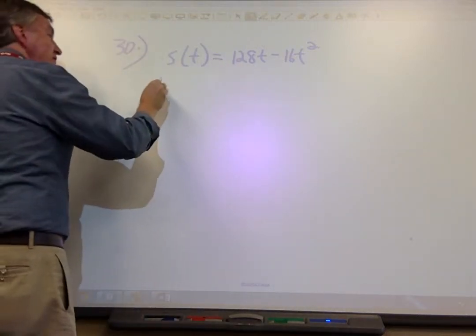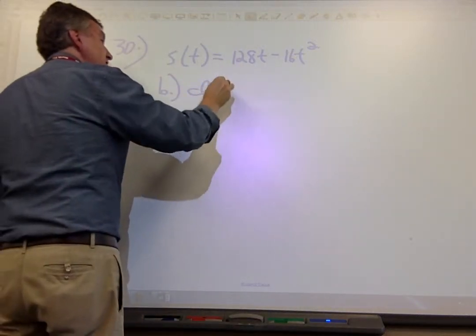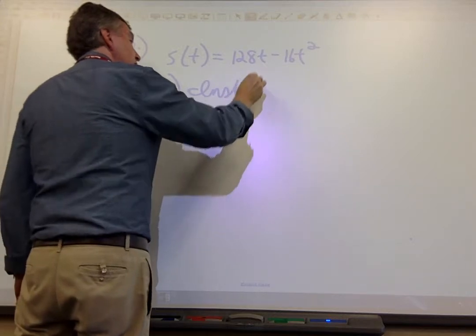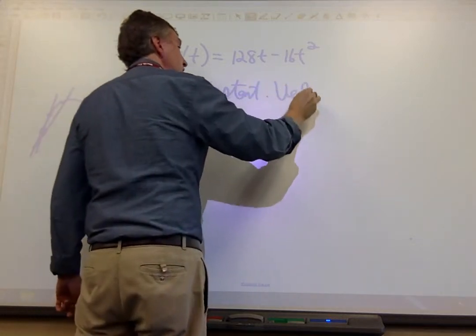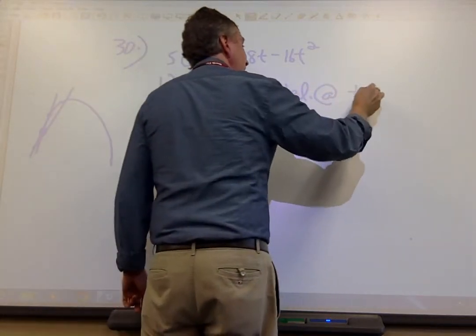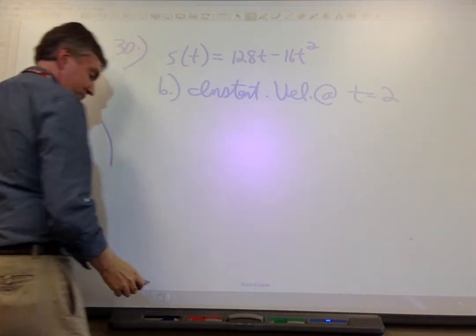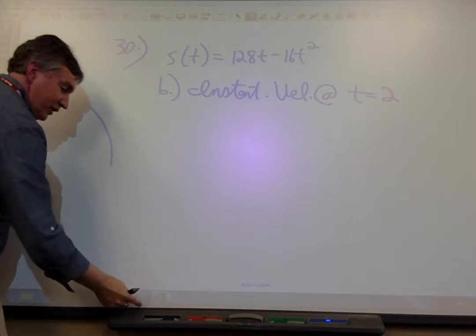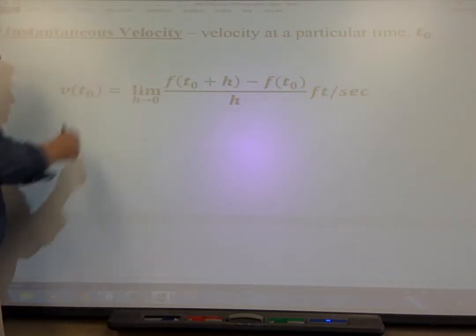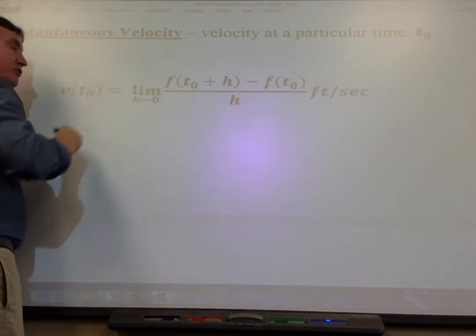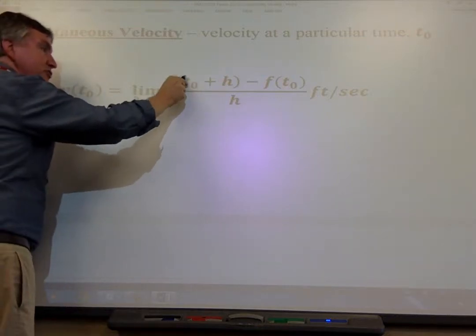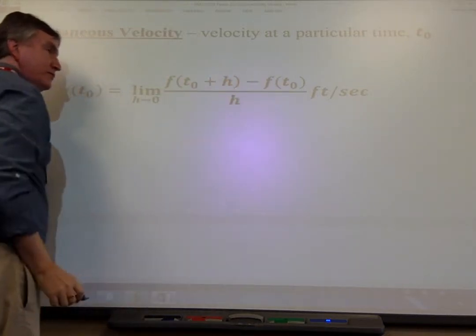So part B says the instantaneous velocity at time t equal 2 seconds. We just saw, and I can bring that back up if you'd like, the definition. The limit as h approaches 0, this will be a 2, and that will be a 2.